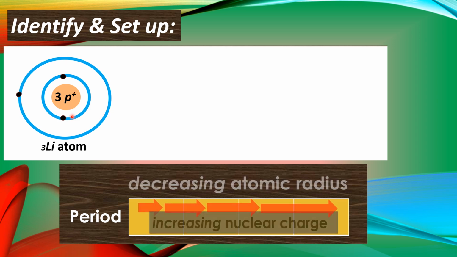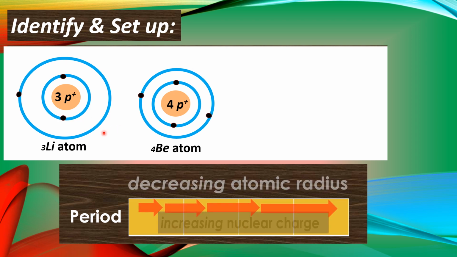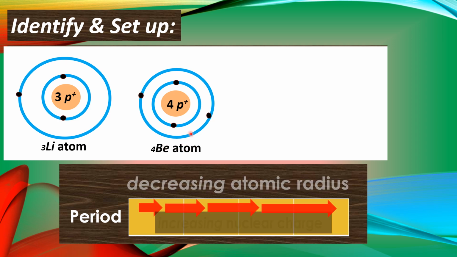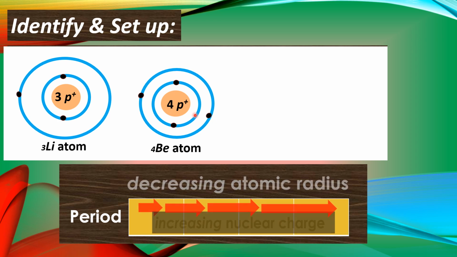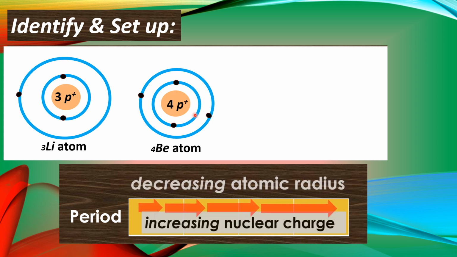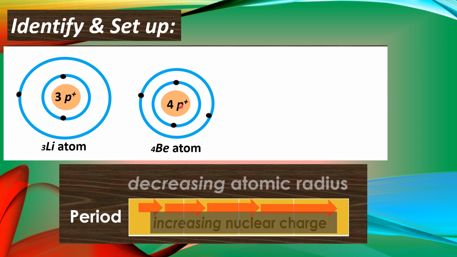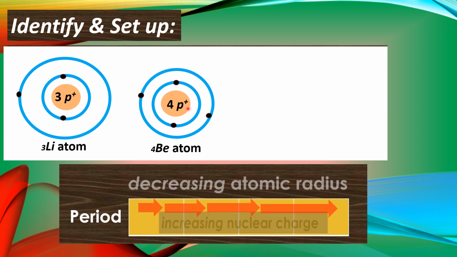Second to lithium is the element beryllium with atomic number 4. Its 4 protons also attract its 2 outermost electrons with a greater electrostatic force towards the nucleus, causing a decrease in the atomic radius for beryllium.